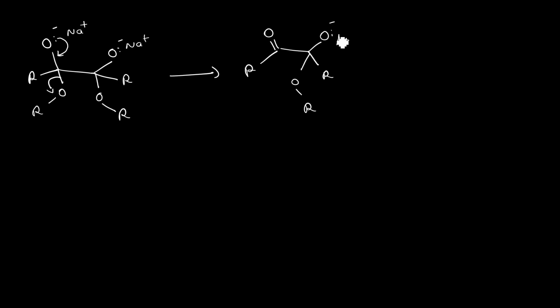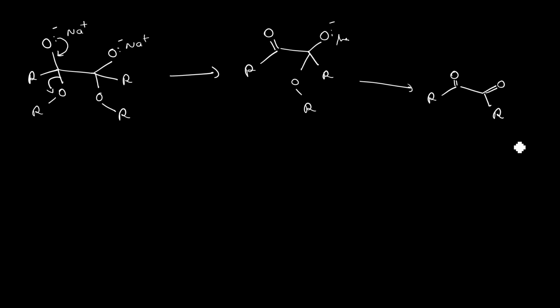This lone pair can form the pi bond again. So you will have the final product as a dicarbonyl compound like this. This is the product which we have obtained.